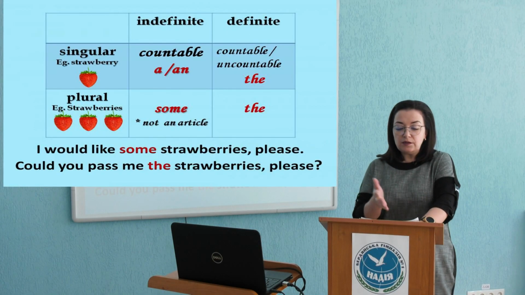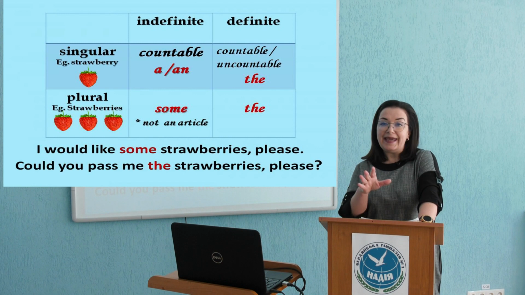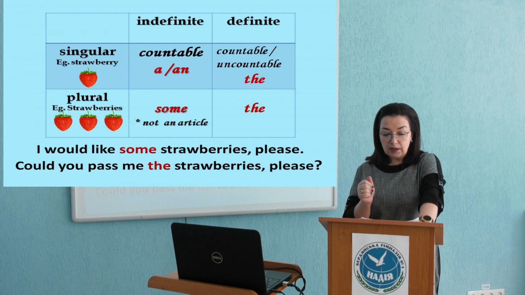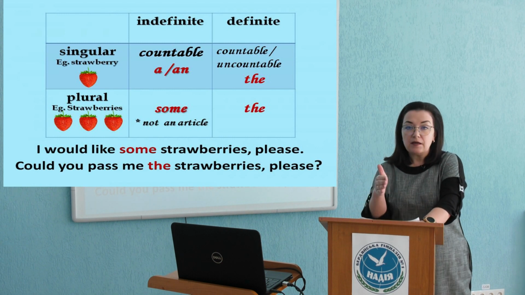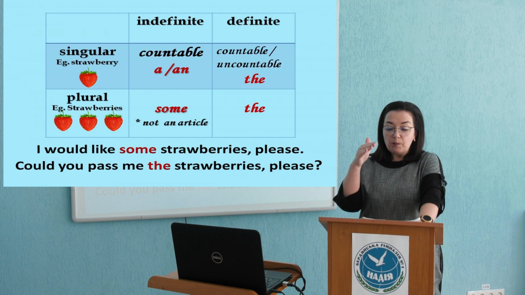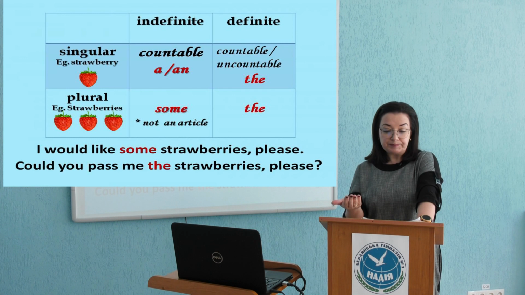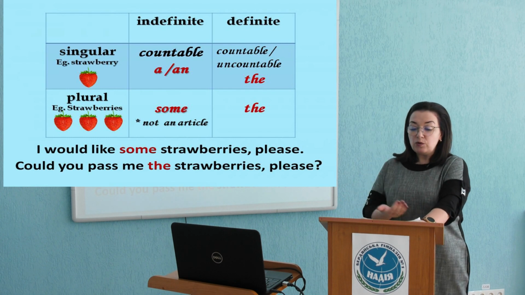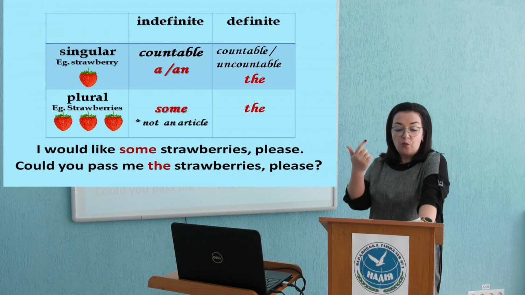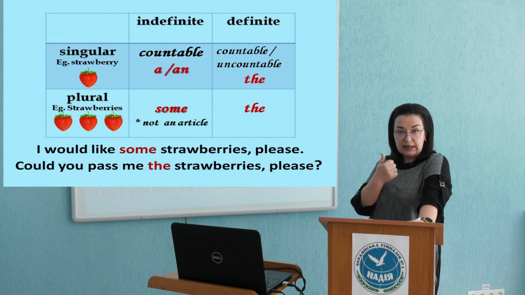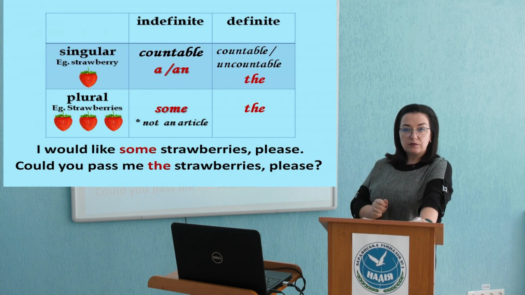If a noun is singular and countable, then you can use the indefinite article a or an. The definite article the can be used with both countables and uncountables. When a noun is plural, so there is more than one of that noun, the definite article the can be used.